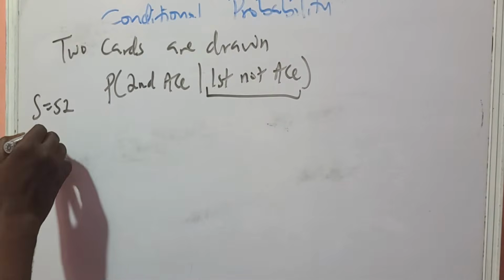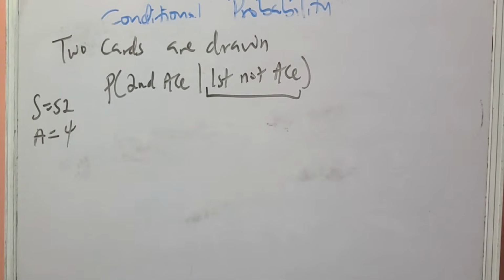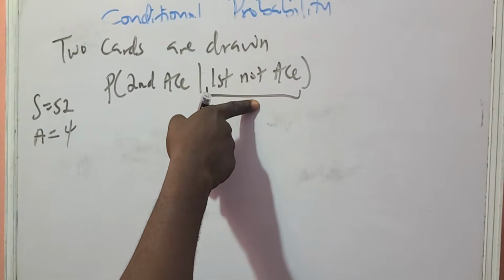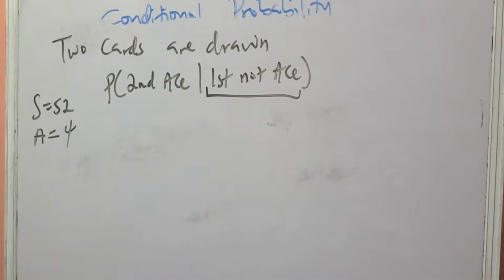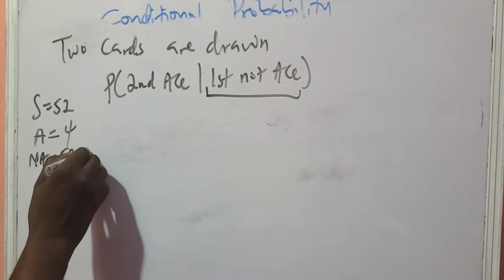We have 4 aces, of course, I told you already: heart, diamond, spade, club. Now, the first was not ace. That means you did not pick from the ace. You picked from other ones, not ace. Those that are not aces will be 52 minus 4.